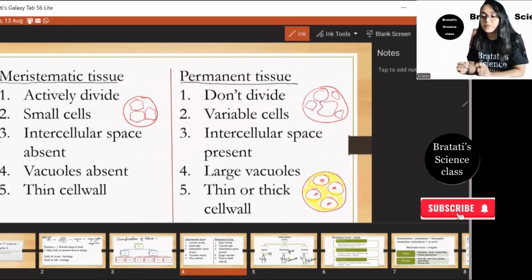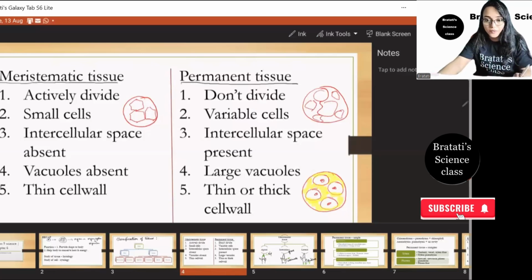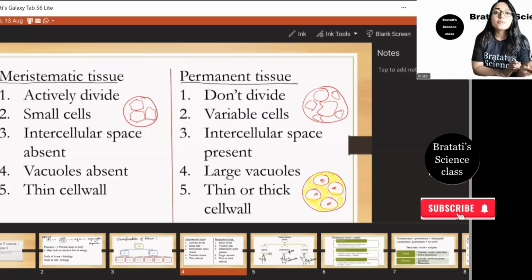So this is the permanent tissues where cells of variable sizes are present, and in the meristematic tissues, you can see similar kinds of cells are present. These permanent tissues may have a thin or a thick cell wall with large vacuoles in them. You know, vacuoles help to store energy in the cell, and they don't divide easily. Okay.